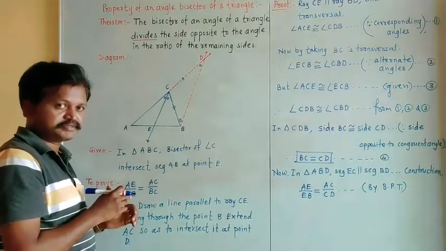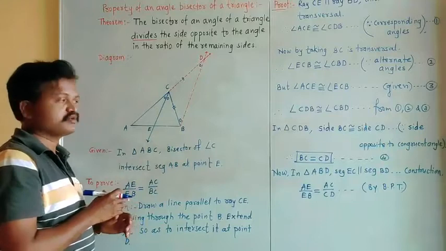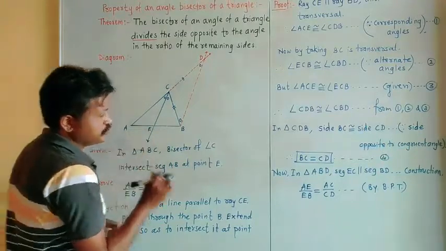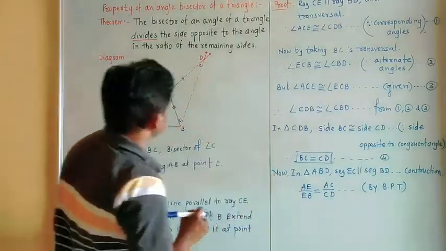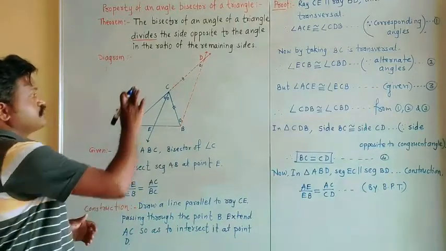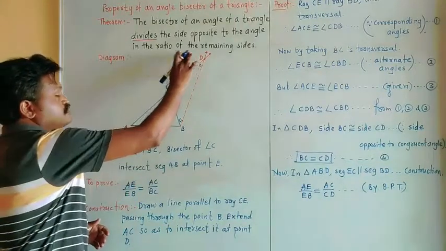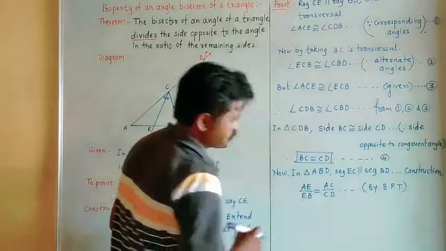That is our BPT. And by using this BPT, AE upon EB, the first ratio, is equal to the second ratio, AC upon CD.